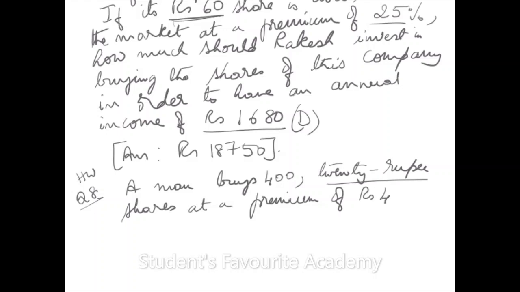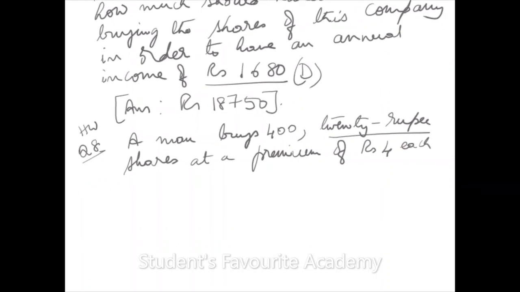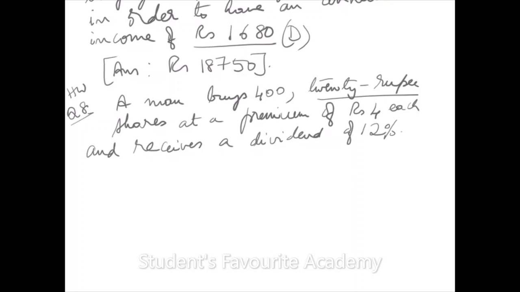That means market value will be 20 plus 4, 24 rupees, isn't it? I mean premium of rupees 4 each. Means market value of each share is 20 plus 4, 24. And receives a dividend of 12%. Okay, so dividend percent is also given.